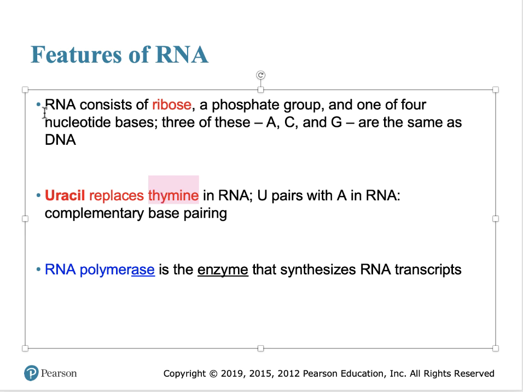But RNA consists of a different sugar too, not just one of the bases being different, but a different type of sugar that it uses to form its strands. We'll learn that in the future. As we just mentioned, RNA polymerase is the enzyme that copies DNA of all living things into a single strand RNA molecule.